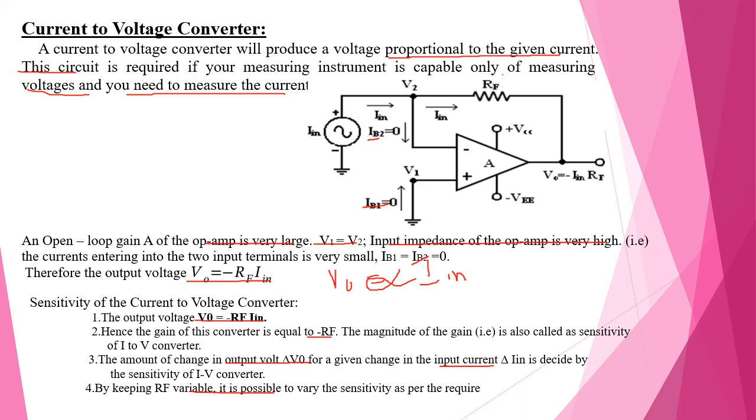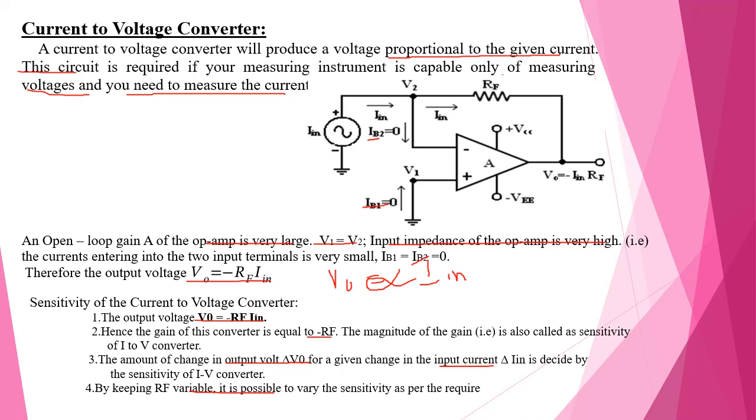Therefore the output voltage V0 equals minus RF times Iin, and this is a very simple circuit. We can conclude that the output voltage is always proportional to Iin.